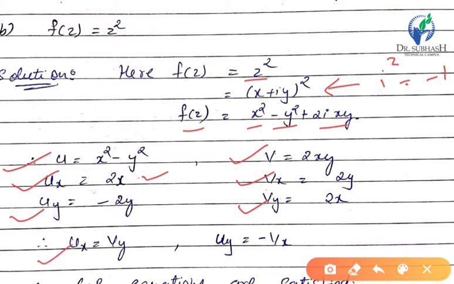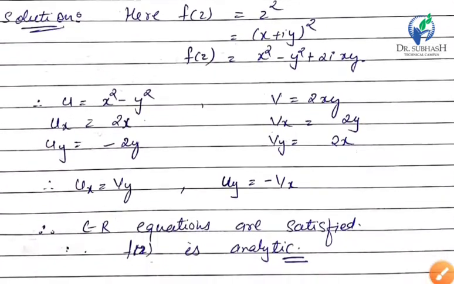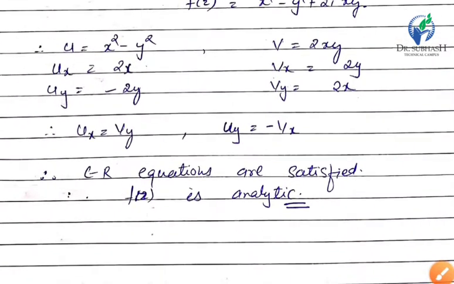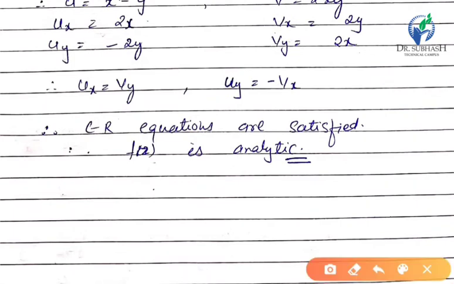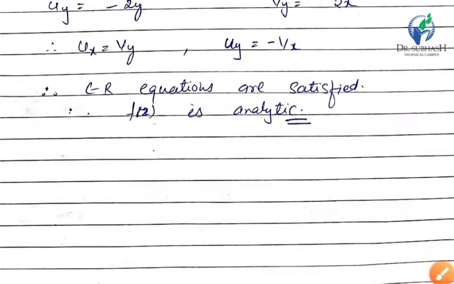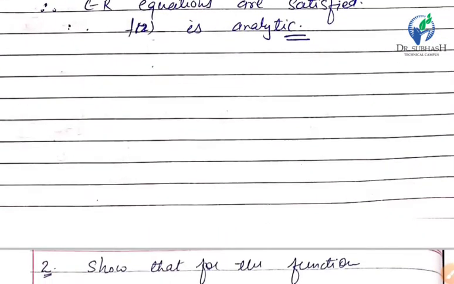So ux = vy, and uy and vx, both terms must be same, but the sign should differ. So I get here uy = -vx. So the CR equations are satisfied over here, and hence we can say that the given function f(z) = z^2 is analytic.